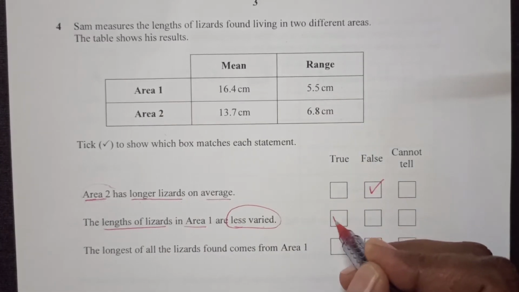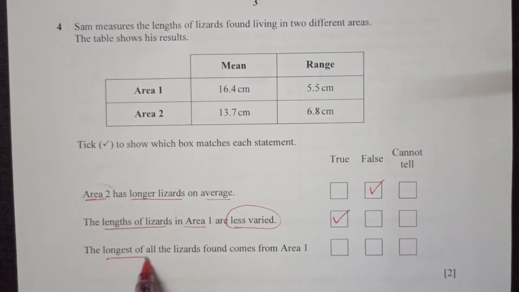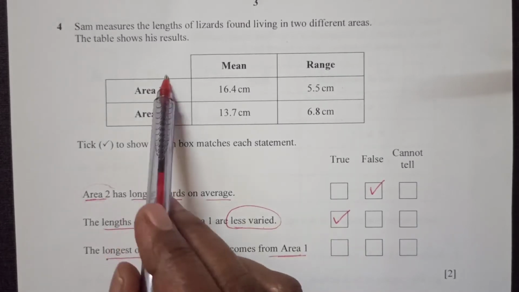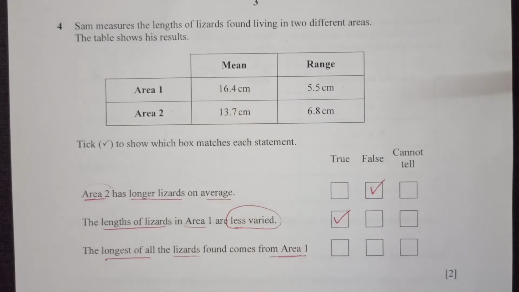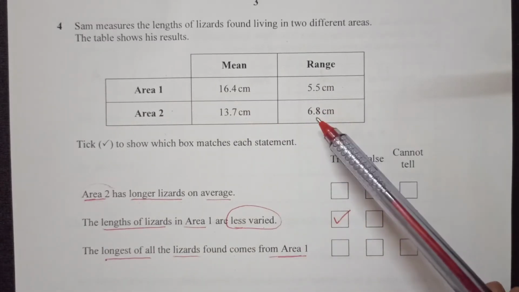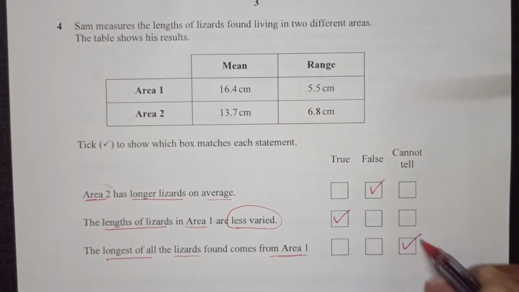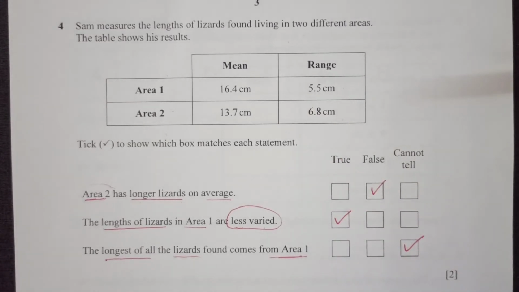Next, the longest of all the lizards found come from area 1. As you can see in this information, we are not told anything about the longest and the shortest. So we cannot say anything. So we will tick this box, cannot tell.